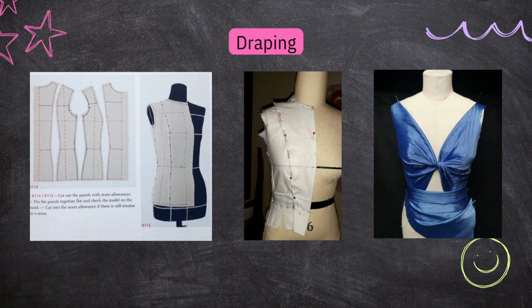Although a downside might be that it takes longer or costs more, because you have to get the muslin first to drape, before you turn it into a template with the paper, and then you cut out your final fabric.